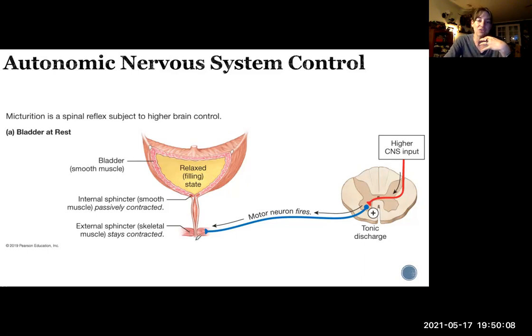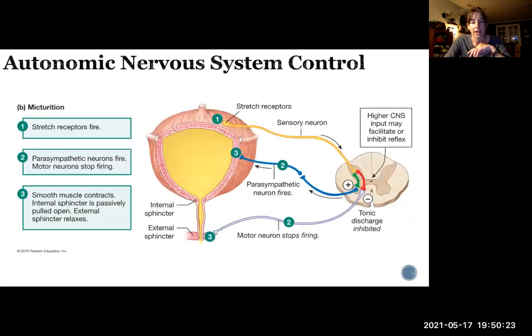So your external sphincter stays contracted thanks to your autonomic nervous system plus higher CNS input, which is basically your voluntary brain. And when your bladder is full, this internal sphincter is going to open on its own, thanks to an autonomic reflex. But your external sphincter will be voluntarily opened by you when you are ready, unless you waited much too long, right? Okay.